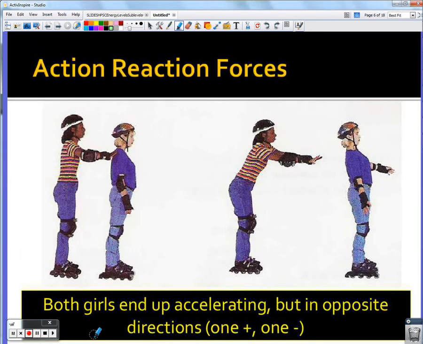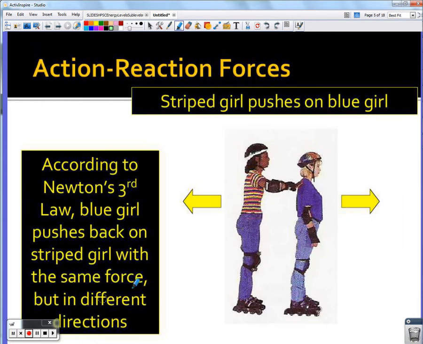That being the case, both of them will now accelerate because both of them experience a net force.